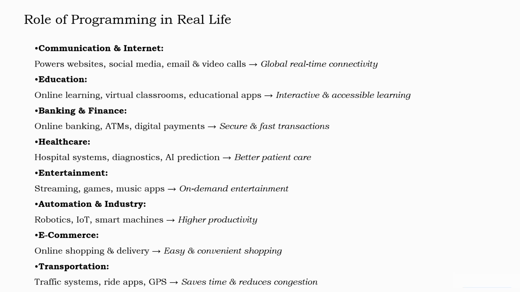In automation and industry, programming is used for robotics, smart machines, and IoT devices. This increases productivity and reduces manual effort. E-commerce: programming powers online shopping platforms like Amazon and online delivery systems. This allows fast and convenient shopping anywhere.